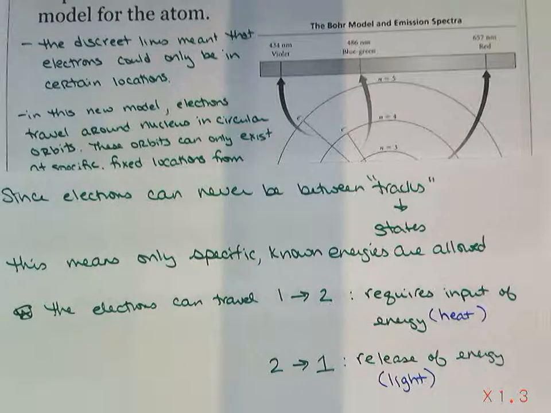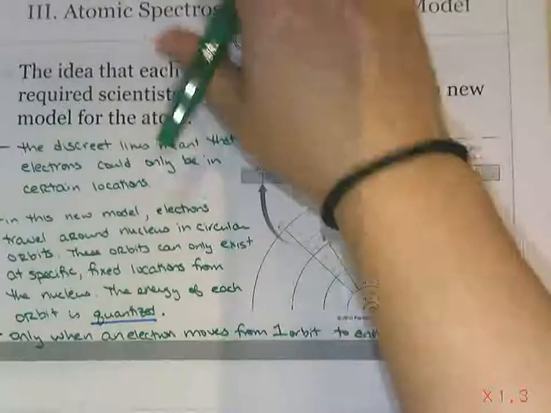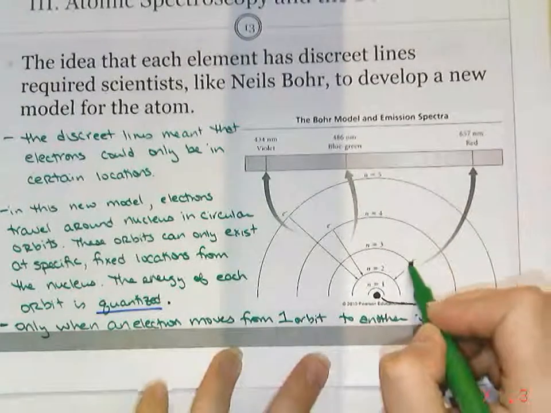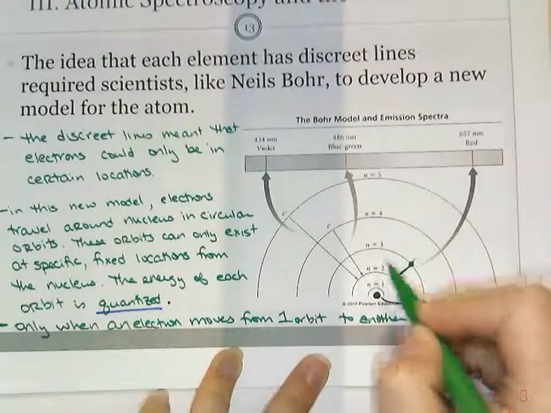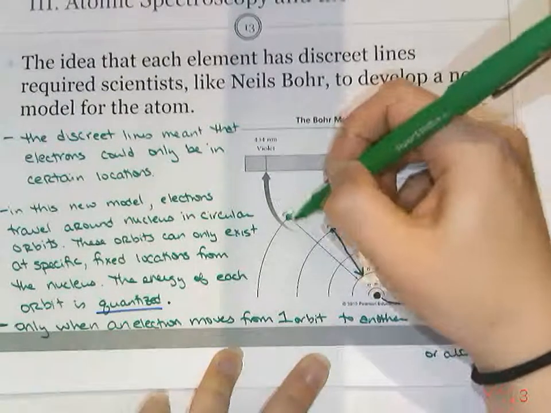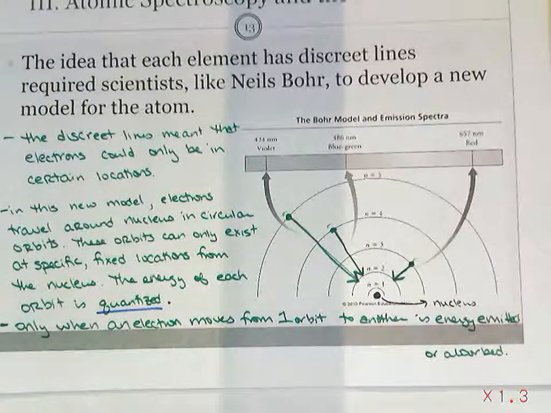So, looking at the picture we have here, I have 3 different electrons. They're going from a high number to a low number.